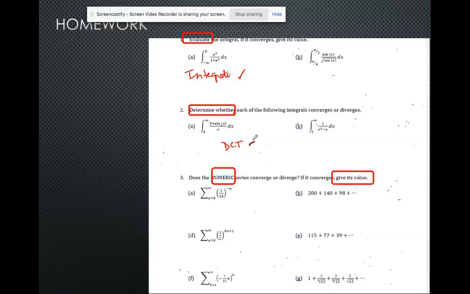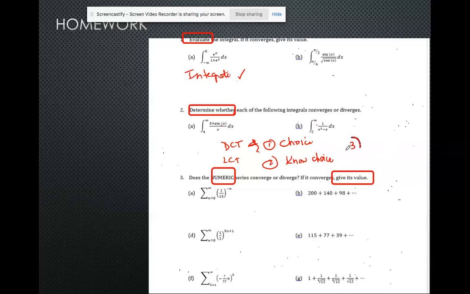Remember, for the DCT and the LCT, make sure the first thing you tell me is who you're comparing it to. The second thing you tell me is what do you know about your choice, right? These are your kissing cousins, right? I'm going to compare to 1 over x squared. 1 over x squared is a P series. P is equal to 2. Therefore, this series converges.